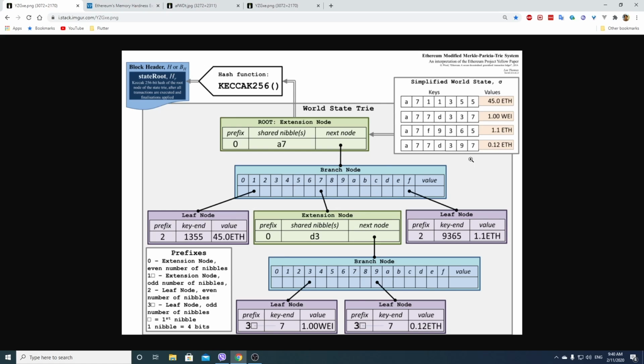I don't have this tree, and we will see that some clients actually do not have this data at all. But I want to know the balance of this particular account. So I'm going to ask another node for this account value, and the node could give me this. Like, the answer is 12 Ether, but there's no reason for me to believe it.